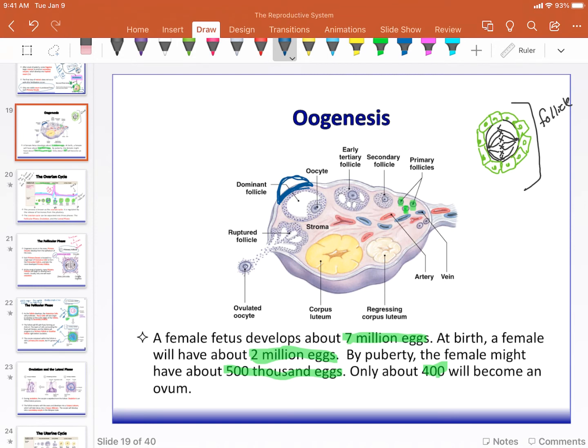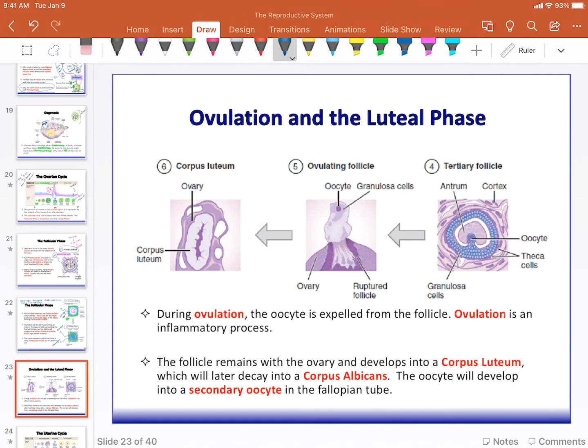And as we continue to fill with fluid, it's going to push further and further against that wall of the ovary until eventually we're going to reach a very large tertiary follicle known as the Graafian follicle.